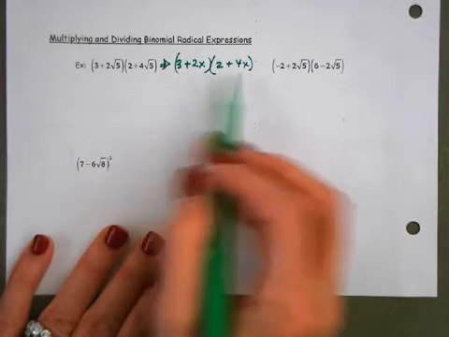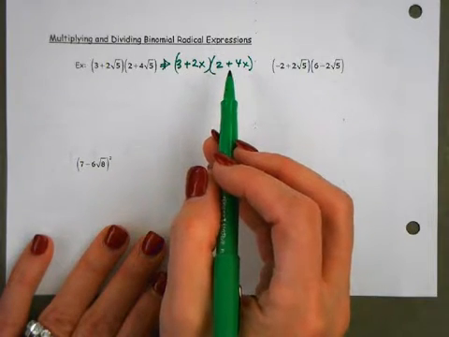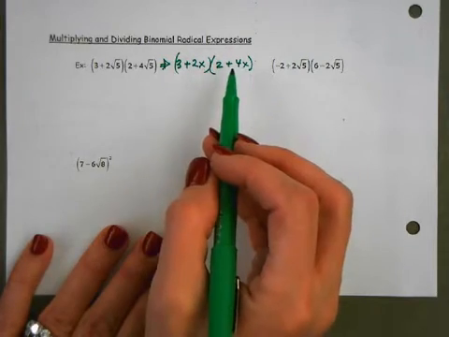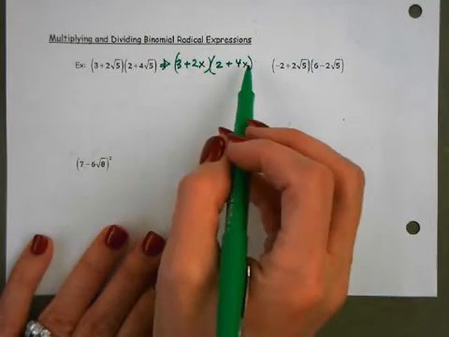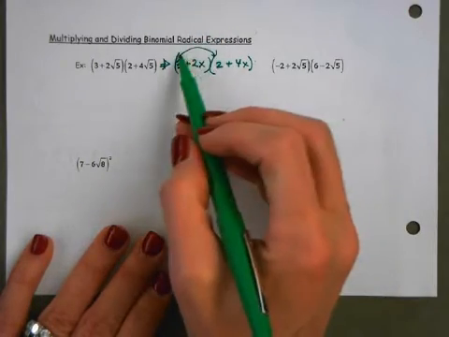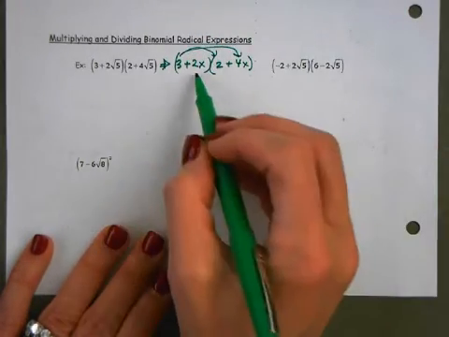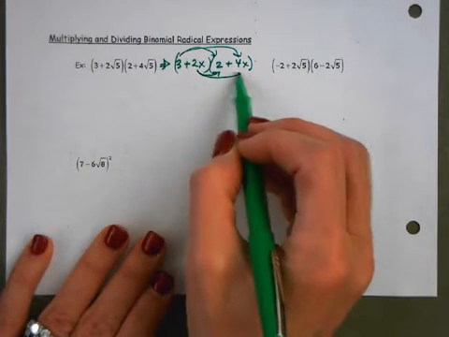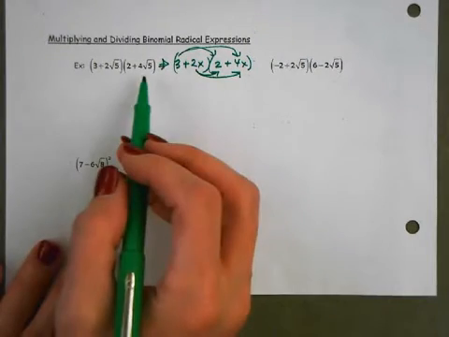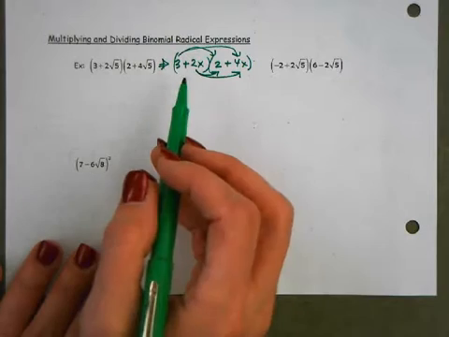If I saw this right here, what would I do? I would do the distributive property, right? Each term on the left needs to get multiplied to each term on the right. So I would do the 3 times the 2, I do the 3 times the 4x, I do the 2x times the 2, and I do the 2x times the 4x, right? That kind of brings back memories of what we used to do? Okay? Well, we're going to do the same thing here. This is no different in regards to process.